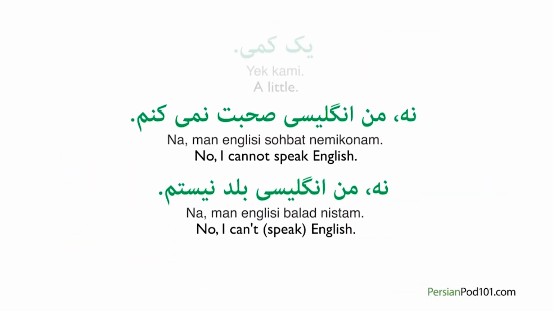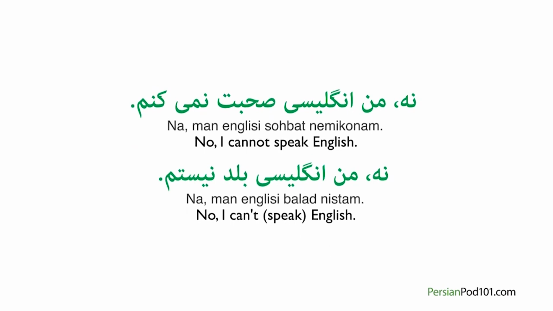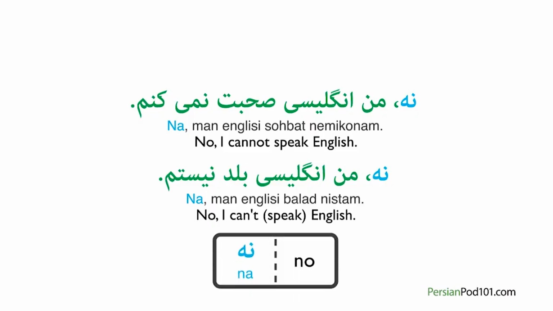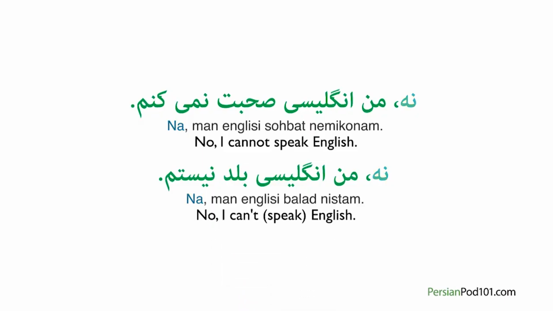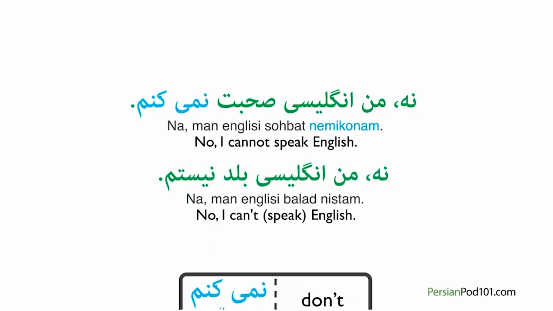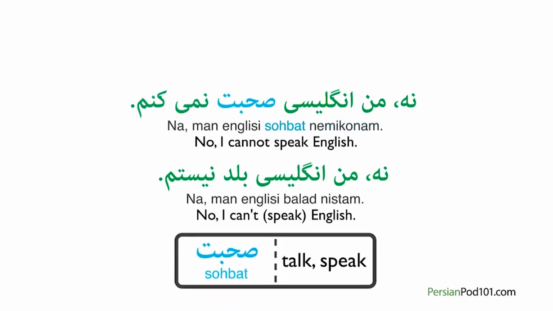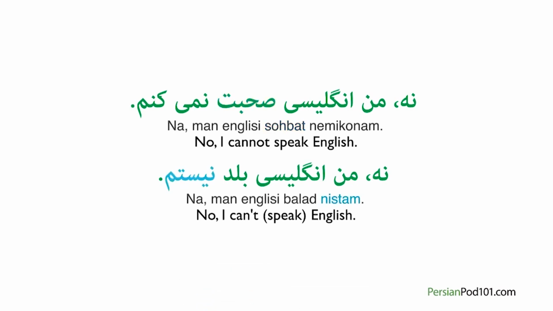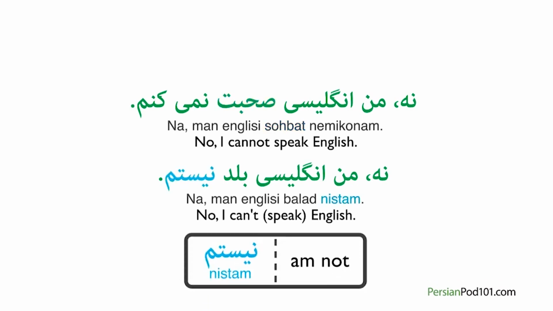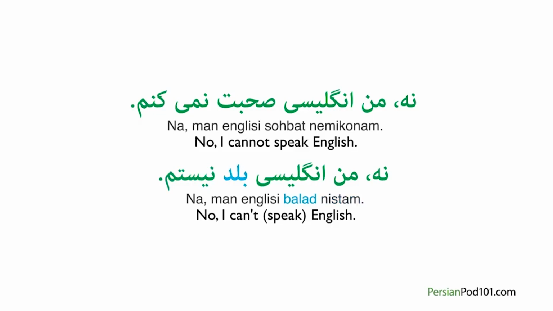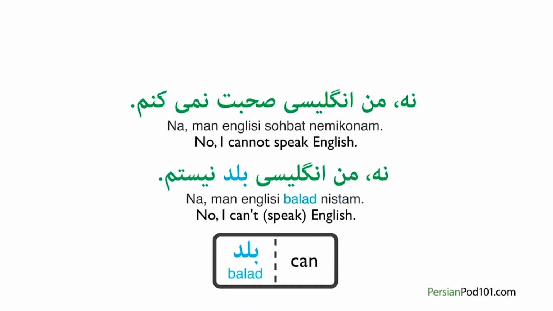Since this last example is a negative reply to a yes or no question, we need to say نه, meaning no, at the beginning of the sentence. We also said نمی کنم, meaning don't, after the verb صحبت, meaning talk or speak. Or نیستم, meaning am not, after the verb بلد, meaning can.